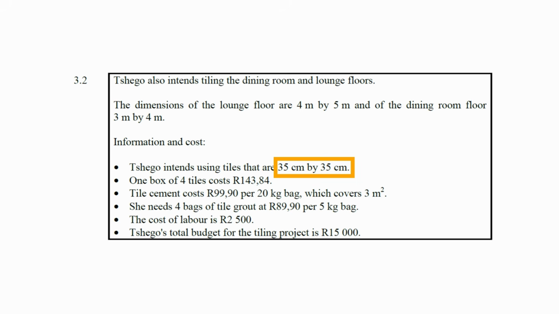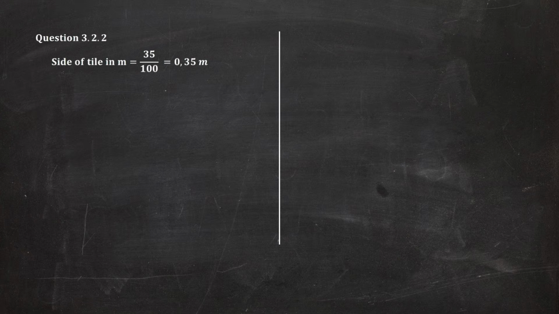If you can recall that there are 100 centimeters in 1 meter, so 35 centimeters is 35 divided by 100, and this equals 0.35 meters. Now the area of one tile equals 0.35 meters multiplied by 0.35 meters, and this equals 0.1225 square meters.